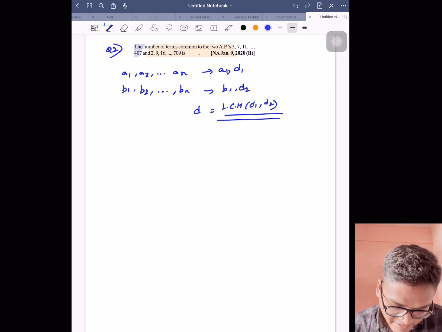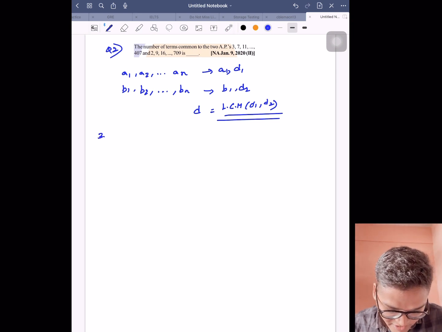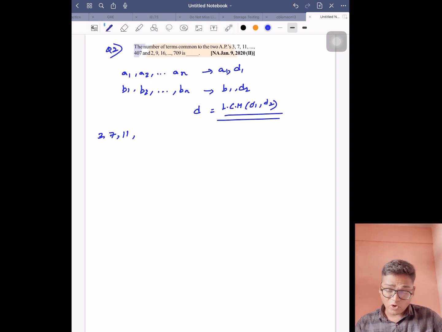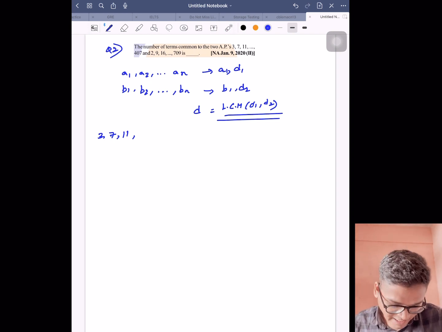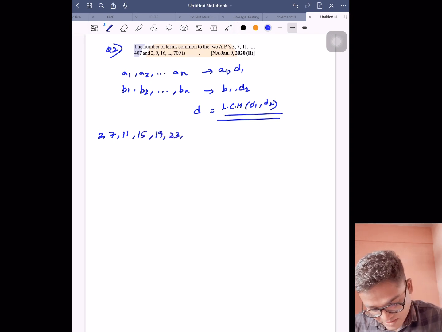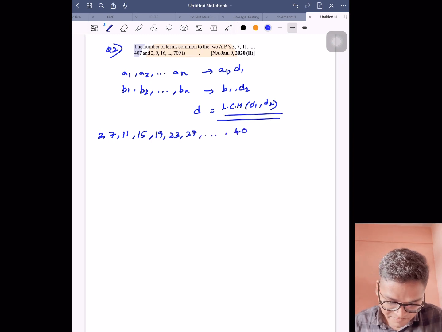Now let's see here. The first sequence is given as 3, 7, 11. What is the first term? 3. What is the common difference here? 4. So 3, 7, 11, 15, 19, 23. We just write some terms till 407.